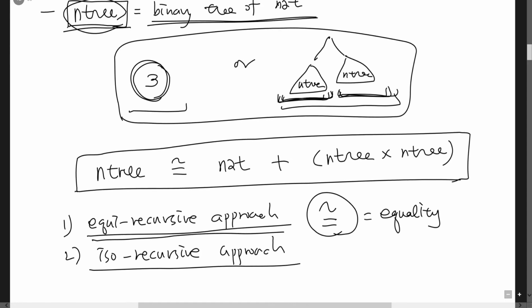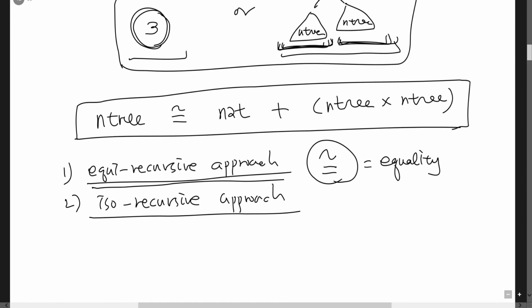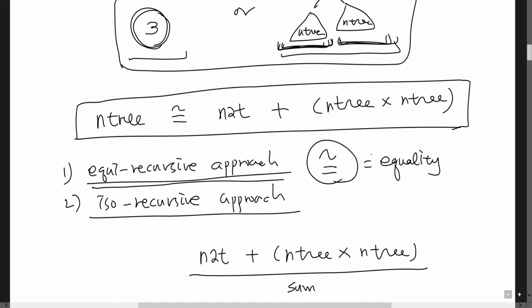So what that means is that suppose that you have an expression of type natural number plus net3 times net3. So it's a sum type. But because we assume the equi-recursive approach, this symbol is interpreted as equality. So therefore, we have this equation.